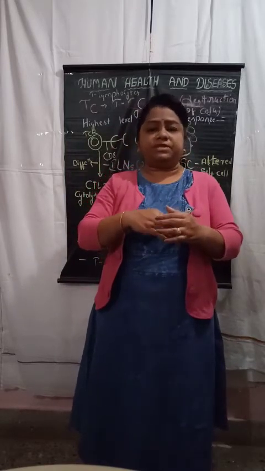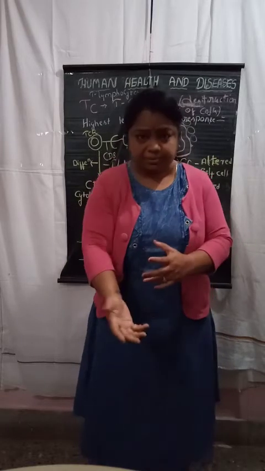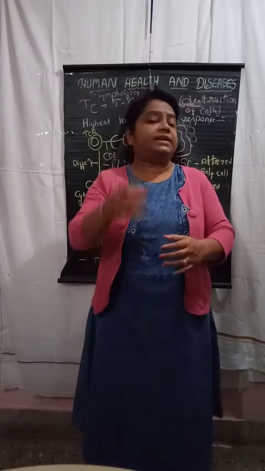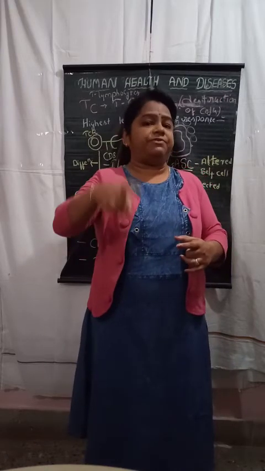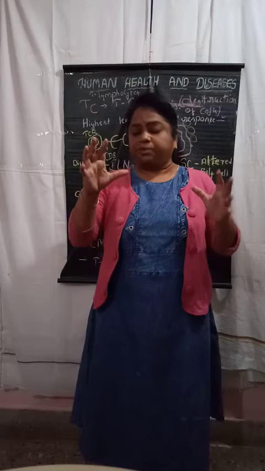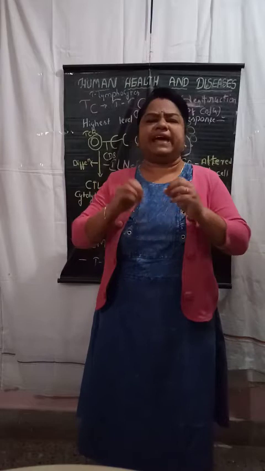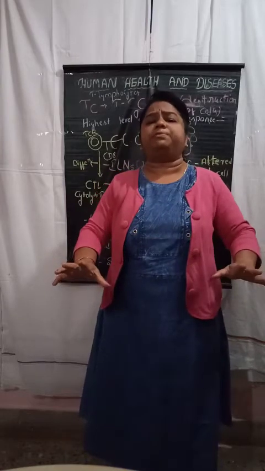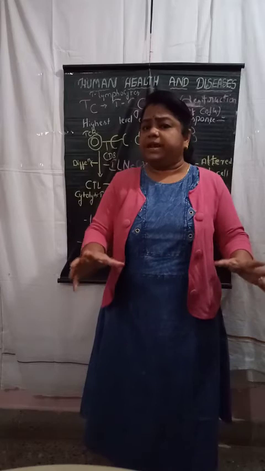Interleukins help in the differentiation to convert non-functional immune cells into functional immune cells. Okay, so the T helper cells are very, very important, as well as the TC cells, which destroy the viral infected cells and the cancer infected cells, so that everything is cleared and neutralized by these T lymphocytes.